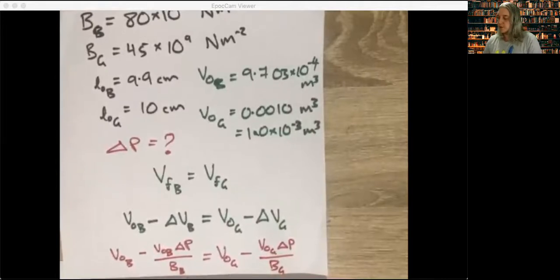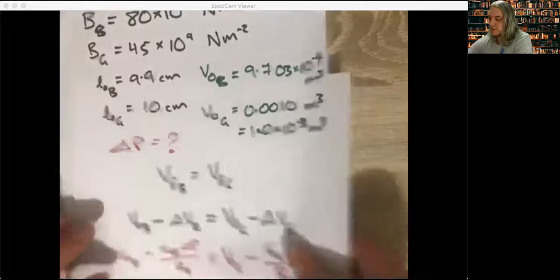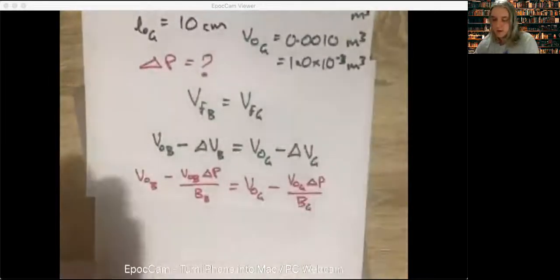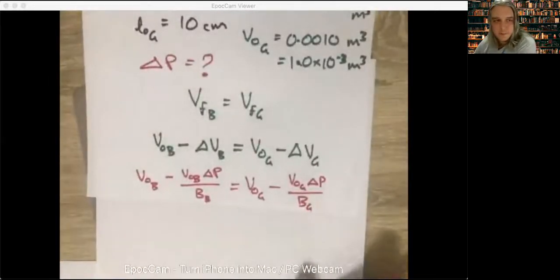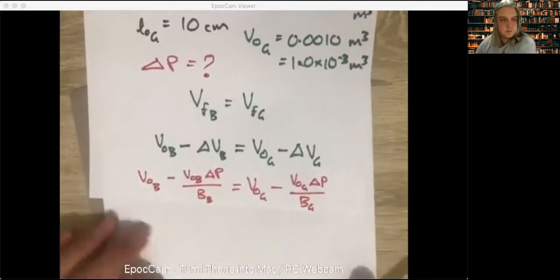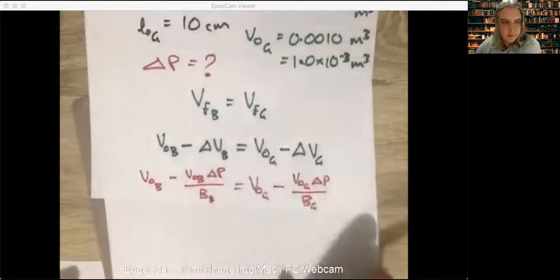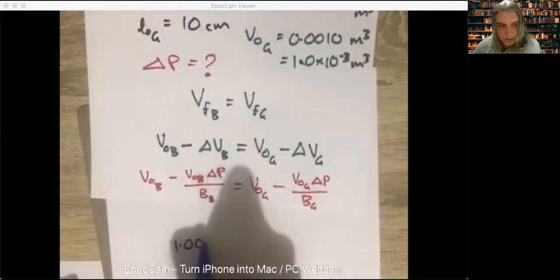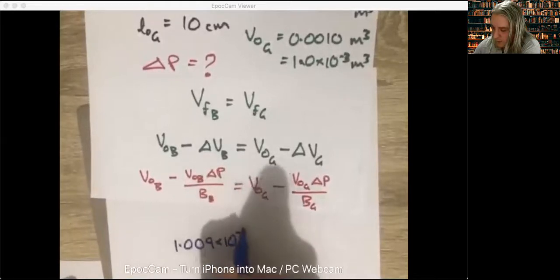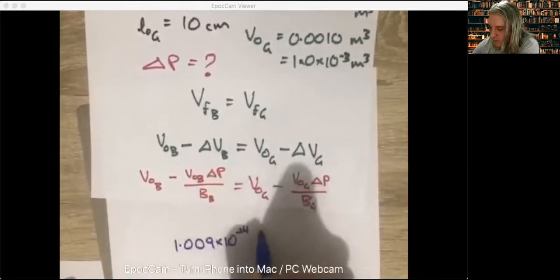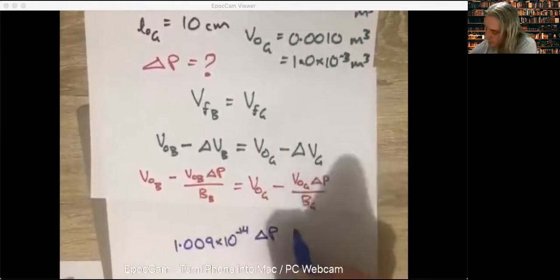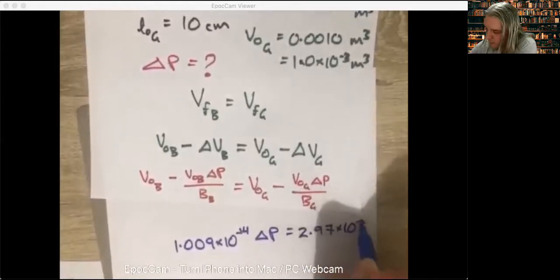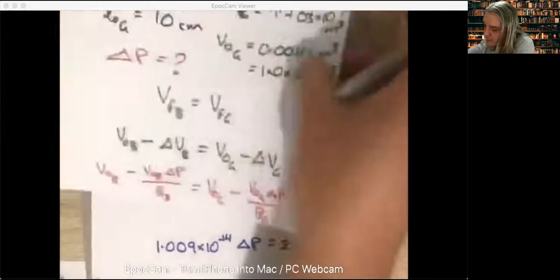So if you put in all of those values and see what you get out, according to my calculations, what we end up with is 1.009 times 10 to the minus 14 delta P is equal to 2.97 times 10 to the minus 5. Obviously I've done a bit of rearranging.